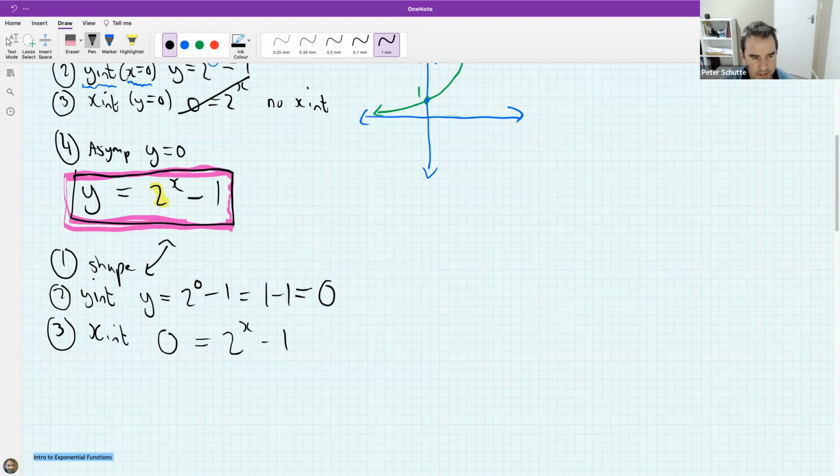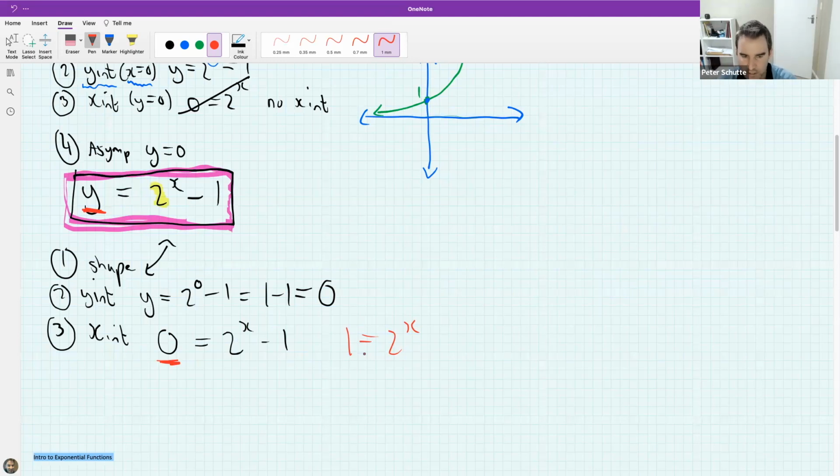Now, to find the x-intercept, I have to make y 0. Now I need to solve this equation, and the problem is it's an exponential equation.